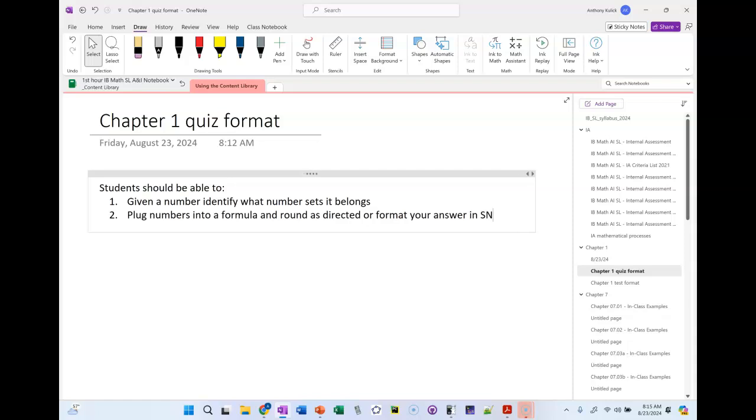You'll also be asked to do a percent error calculation. You'll be given the formula. So just, can you plug the stuff into the right spots?